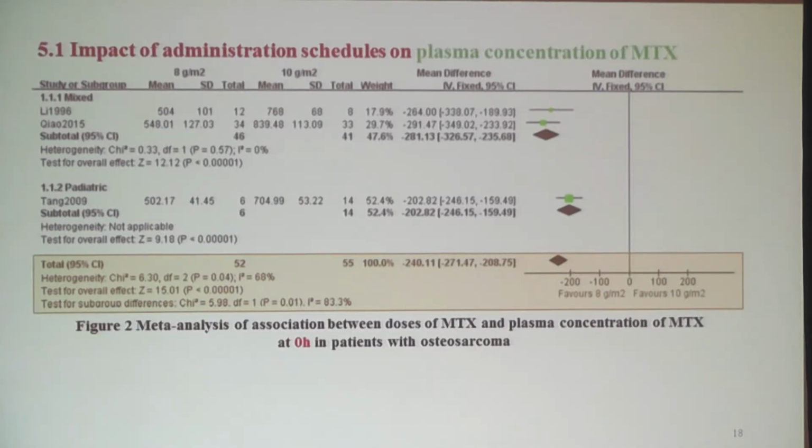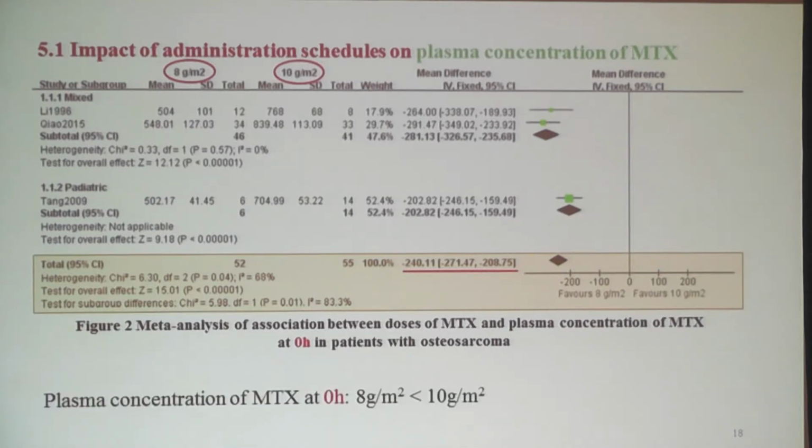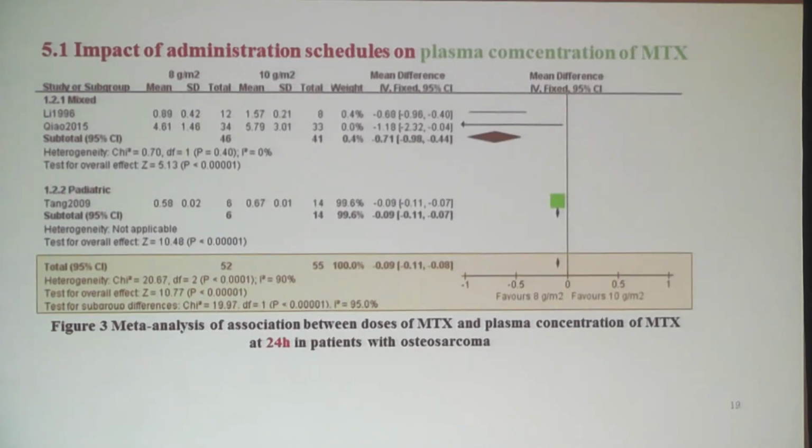And figure 2 shows that a dose of 8 was superior to 10 in lowering the plasma concentration at 0 hour post-HDMTX. But the inconsistency was significant. And the subgroup analysis indicated that the difference in ages could account for the inconsistency.